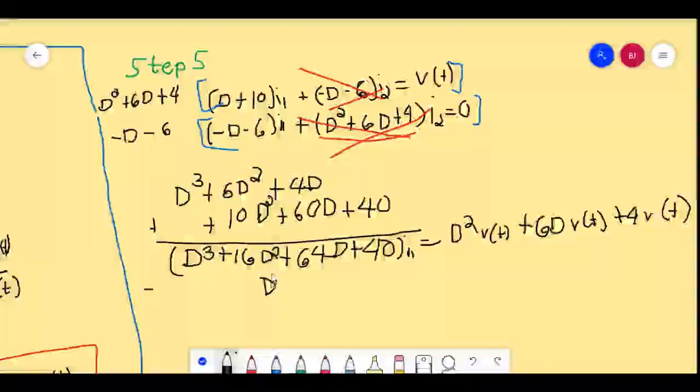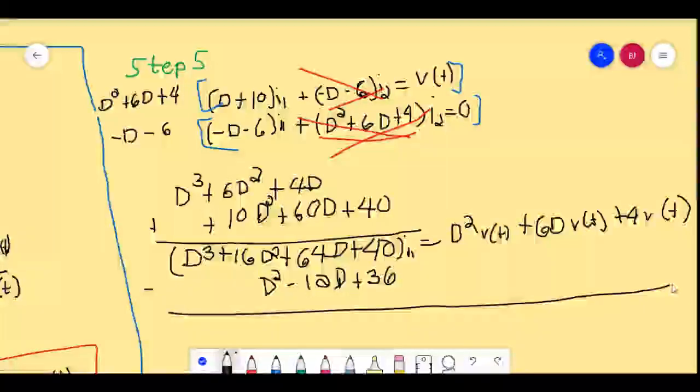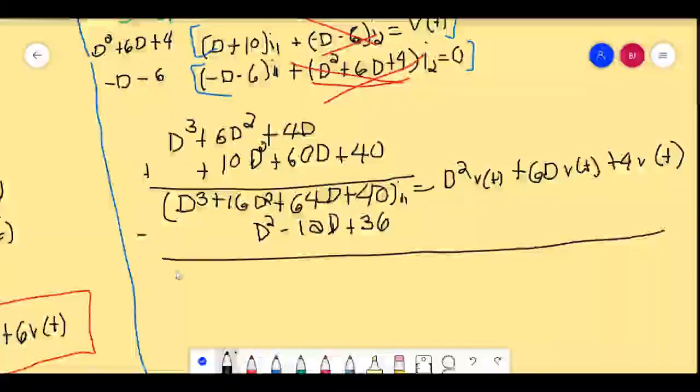Let's subtract it. So this would be d squared. Negative 6 times negative 6 is 36. Okay. Negative d times negative 6, then times 2 would be negative 12d. Okay. We subtract. We will have d cubed. 16 minus 1 would be 15.